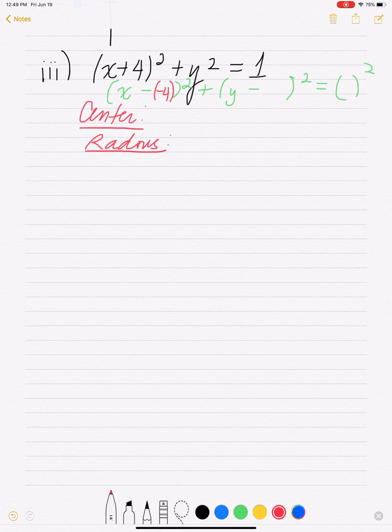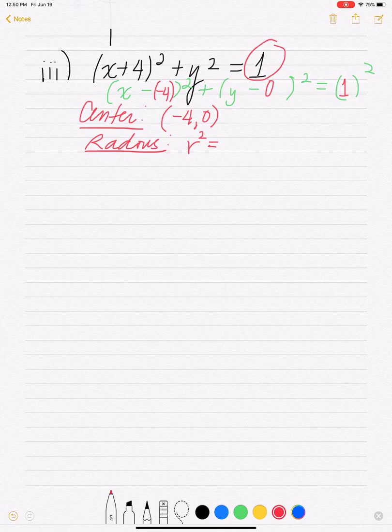And now the question is, what would you write after the y minus? What would you put in that blank to get just y squared? Well, you put in a 0, right? Y minus 0 is just y. So you get y there and then square. And then what square gives you 1? Well, you can plug in a 1 right there, right? 1 squared gives you 1. So in reality, your center here is going to be -4, 0, and your radius, you could say, take this as your radius squared.